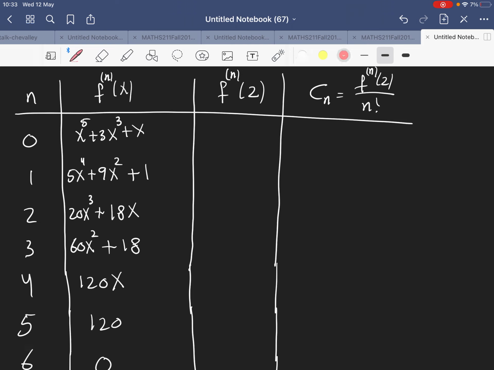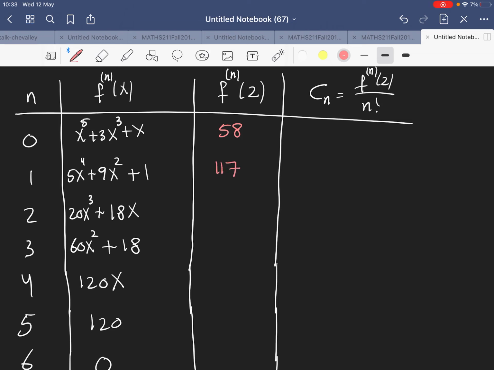Now, if we substitute the 2 up here, what we will get is 2 to the power of 5 plus 2 to the power of 3 plus 2. This will give me 58. The next one will be 5 times 2 to the power of 4 plus 9 times 2 to the power of 2 plus 1, and that's 117.